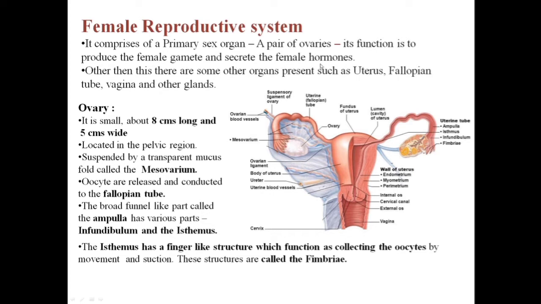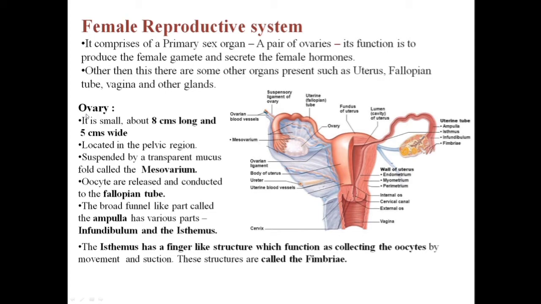As I said earlier, in males, the primary sex organ, the testis, used to prepare the male gamete and secrete the male hormone. Here the primary sex organ is the ovary, which secretes the female hormone and produces the female gamete. The other organs are the uterus, the fallopian tube, the vagina, and the other glands.